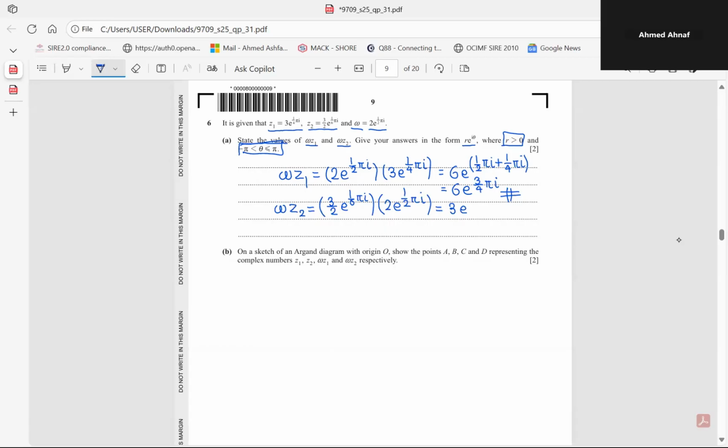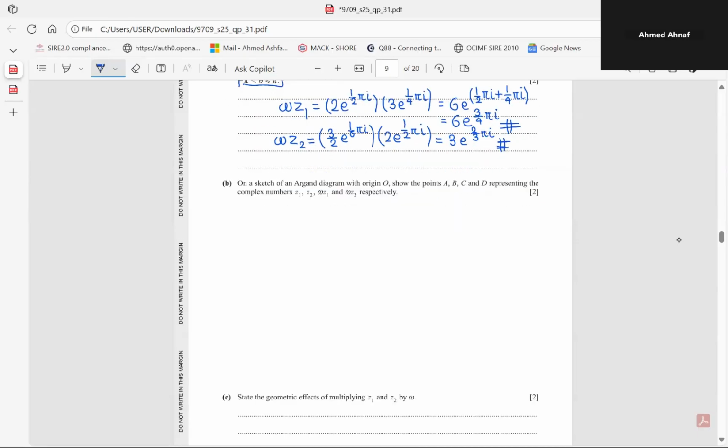And adding up the arguments or the powers, 1 over 6 pi i plus half pi i, that would be 2 over 3 pi i. So let's check whether both r and theta are in the range. So r is equal to 3, which is more than 0, and theta is 2/3 pi, which is between pi and negative pi. So we can conclude this as the answer. So hence, these two are our answers. Let's head on to the next question.